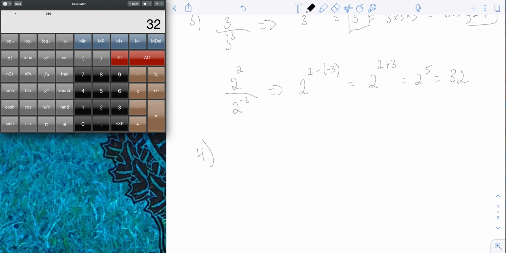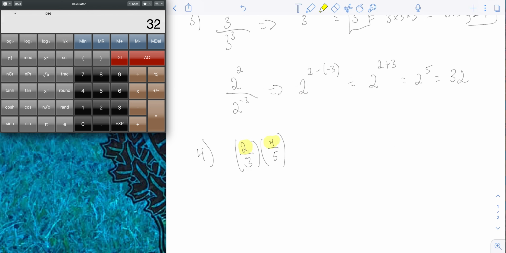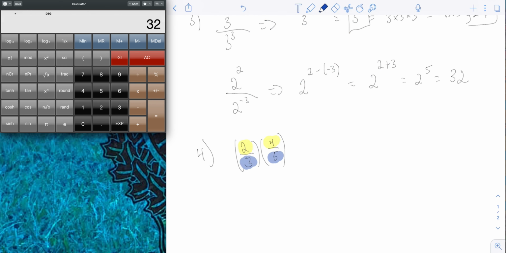Just as a little reminder, anytime I have fractions like 2 over 3 and I want to multiply them together, like let's say 4 over 5, you always multiply the tops together and you always multiply the bottoms together. So your answer in this instance is going to be 8 over 15.